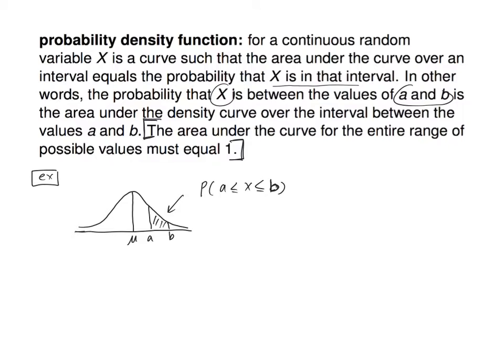So if the total area has to be 1, what is true about the area between any a and b? It has to be less than or equal to 1. You have actually seen this already because we had that whole 68, 95, 99.7 rule.